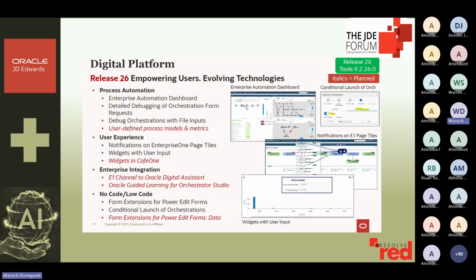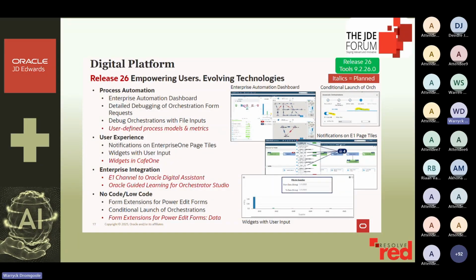So with some of the highlights, let's look at the digital platform. The digital platform areas include process automation, your user experience, your enterprise integration, your no-code, low-code. All the features in the red italics are what is planned, and the others have been included in the base release of 26.